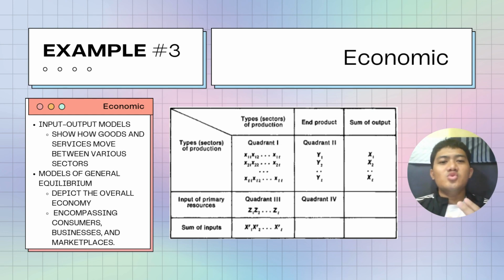Matrices allow us to express the system of equations in a compact and organized way. Economists also use matrices to model an economic system and predict future trends. For instance, the input-output model uses matrices to represent the flow of goods and services between different sectors of an economy.